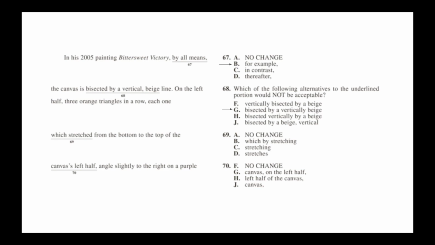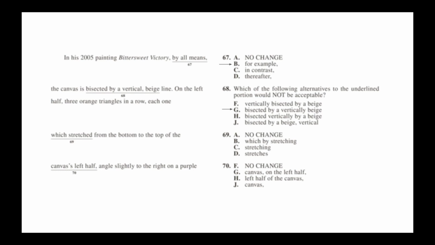On to question 69. On the left half, 3 orange triangles in a row, each one which stretched from the bottom to the top of the canvas's left half, angle slightly to the right on a purple... We have to figure out which is the most correct answer.